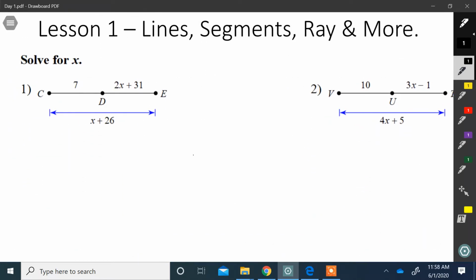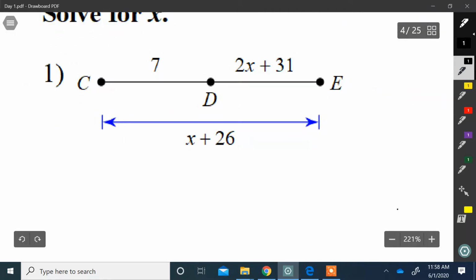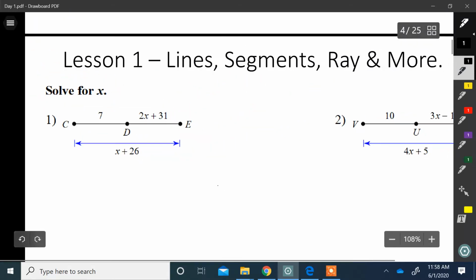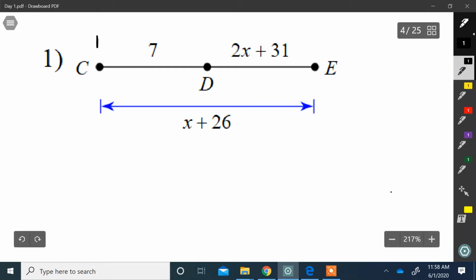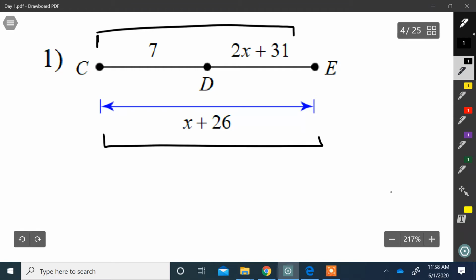Let's talk about segments here. I have a segment here, CE. What we're going to be using is a statement or a theorem that says that this whole thing should add up to all of this.